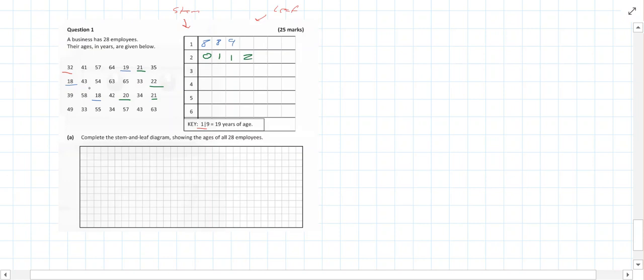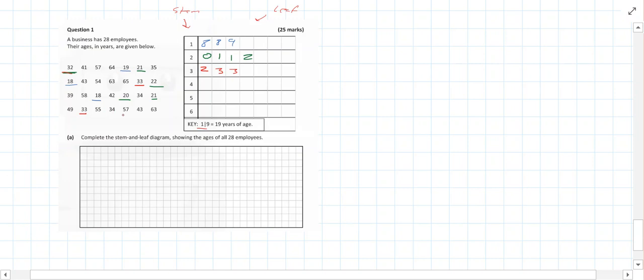So then we move on to the 3's. So we have 32 here. Let's do it in a different color. So the 3 represents the 3 and the 2 represents the 2 part. So 33 would be the next one, so we put a 3 in here. Again, we have another 33 here, so we put a 3 in here.